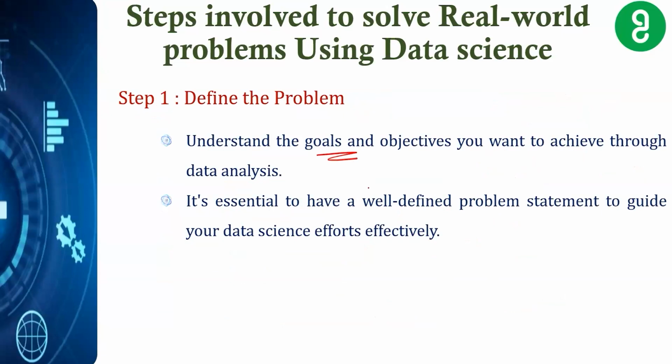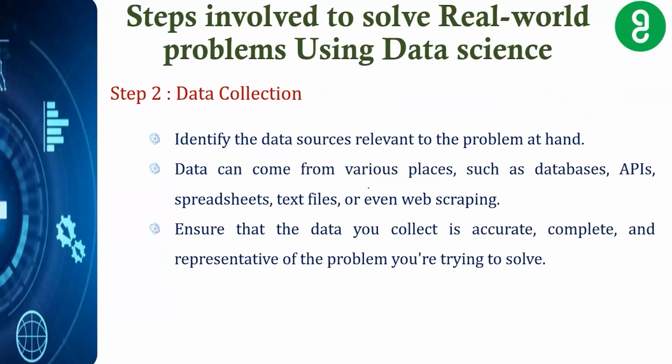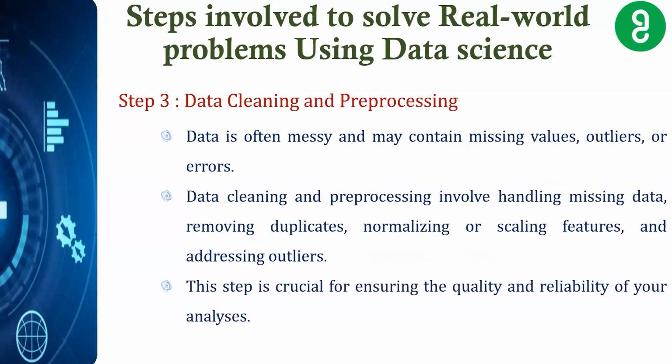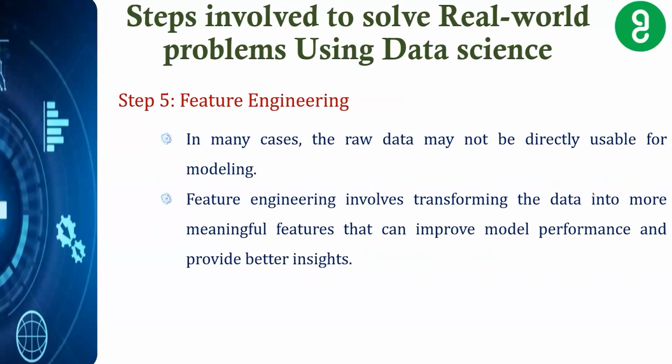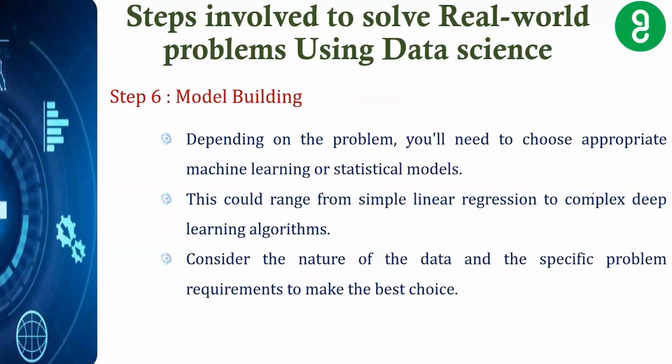This is a very important step, and then you have to collect the data from multiple sources, either from databases or APIs. Data cleaning and pre-processing is also a very important and essential step in a data science project. And you can do some exploratory data analysis and feature engineering, and then model building.